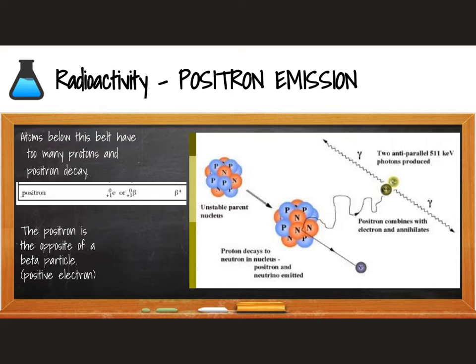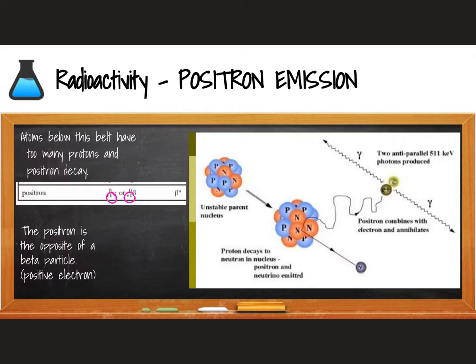So when you have an atom that is below the band of stability or that belt of stability, that means they have too many protons. And what they're going to do is they're going to release a positron because a positron ends up reducing the proton number by 1, because you have that +1 on the atomic number or charge spot.